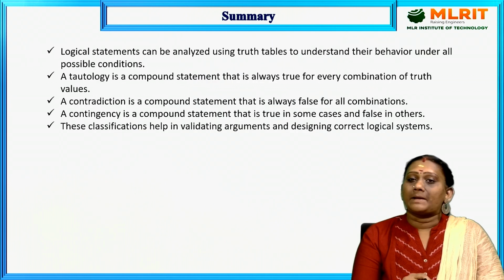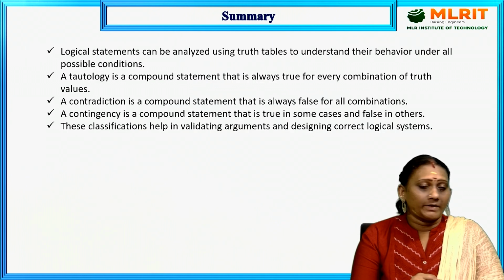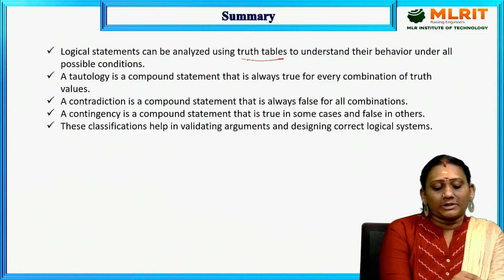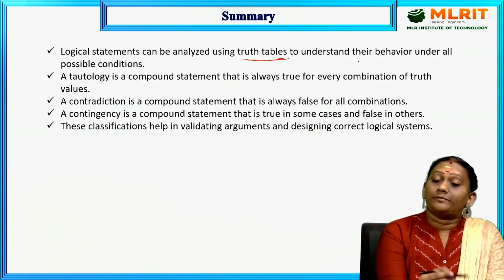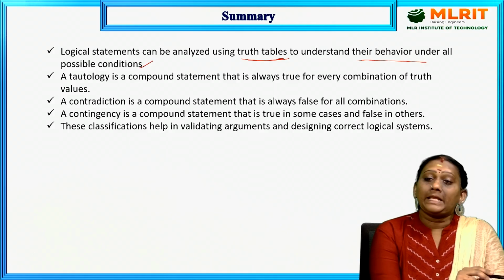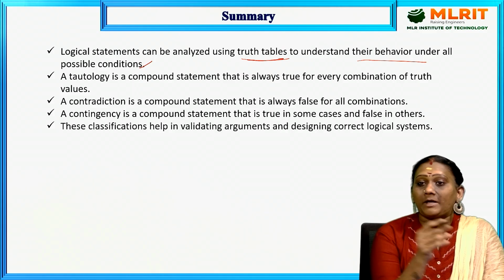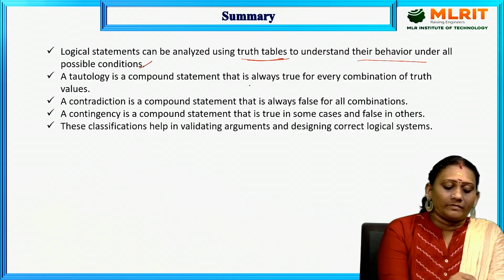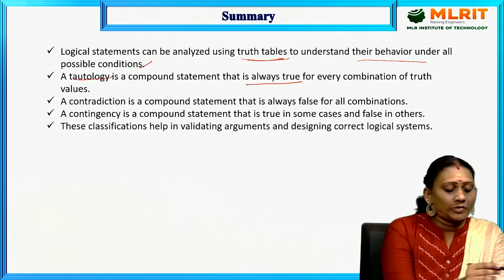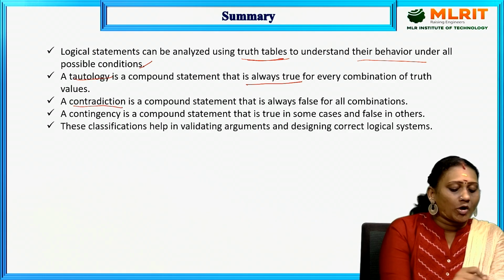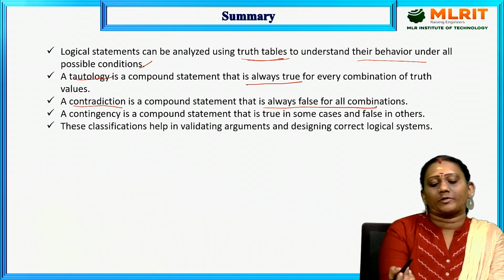Coming to the summary of this PPT, what we have analyzed is that logical statements can be analyzed using truth tables to understand their behavior under all possible input conditions. Here, conditions are nothing but the input variables we give. A tautology is a compound statement which is always true. This we have practiced with one example. A contradiction is a compound statement that is always false for all combinations.